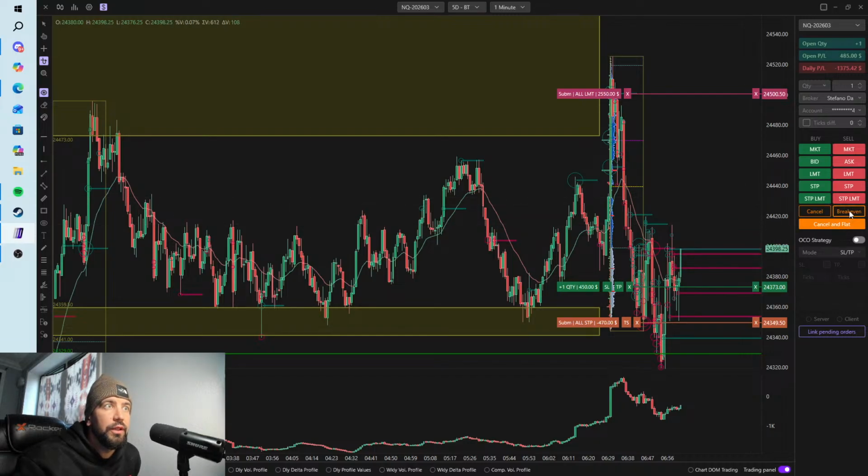Then we can move to break even. We're trying to close above that value area low.